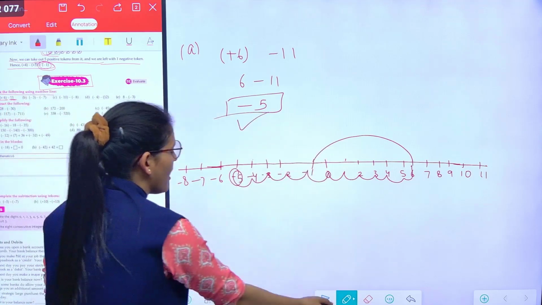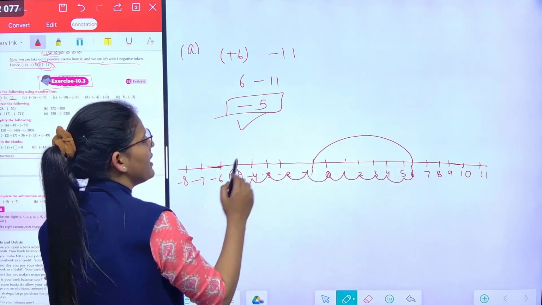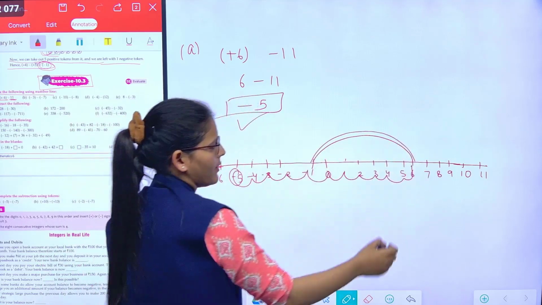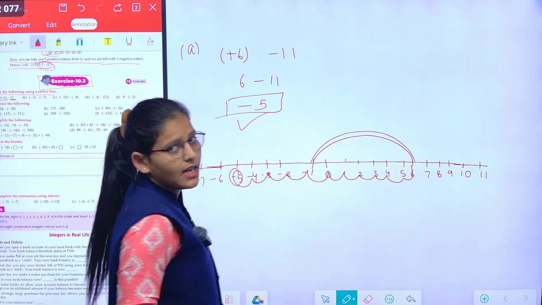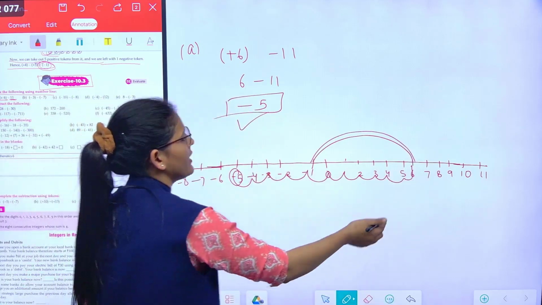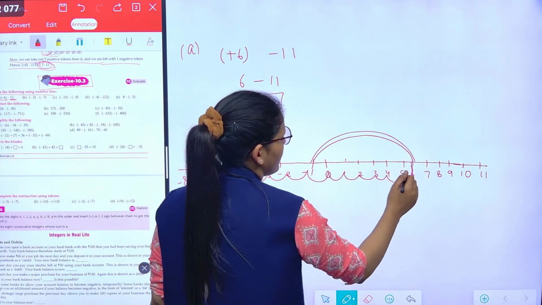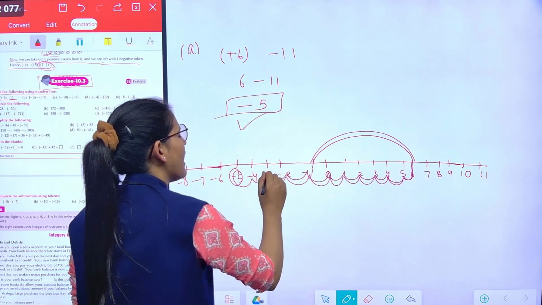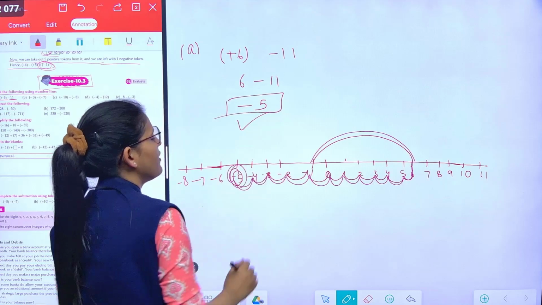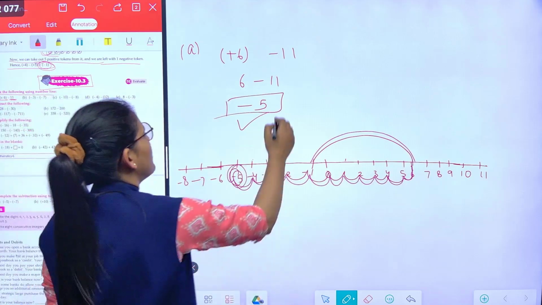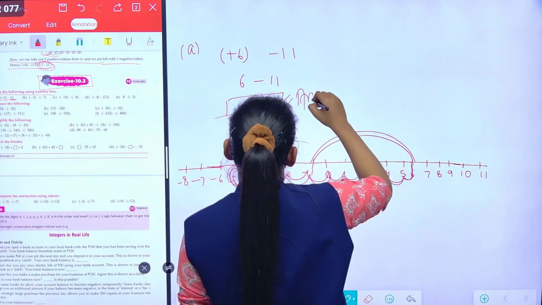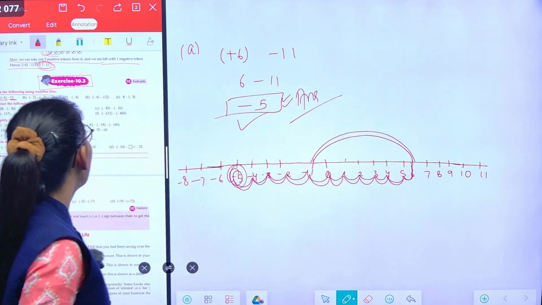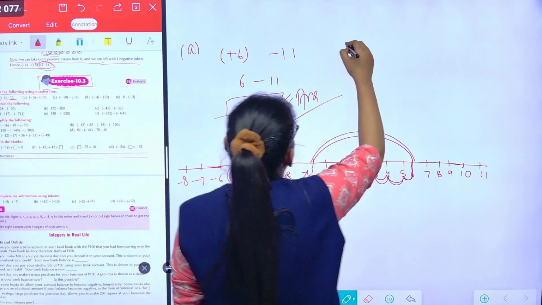Understand class? पहले हमने क्या किया था class? हमने यहाँ से डायरेक्ट अपनी 6 पे गए. देन हमने 11 स्टेप्स बैक किया किसकी तरफ? माइनस 1, 2, 3, 4, 5, 6, 7, 8, 9, 10. That is our minus 5 is the right answer. Understand class? अब क्लास, अब आप यहाँ पर B पार्ट भी देख सकते हैं. You can see here.